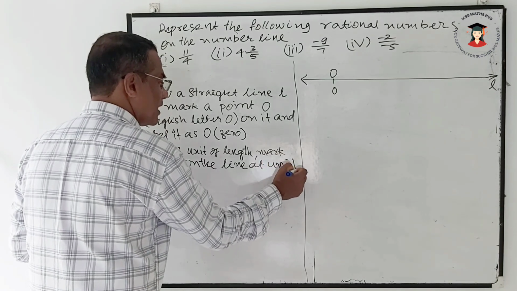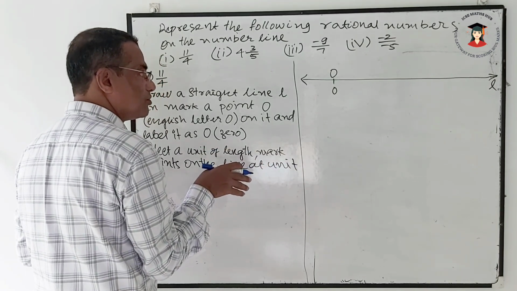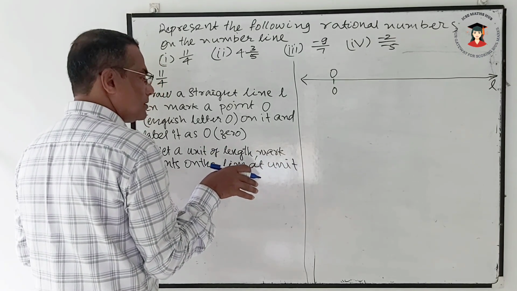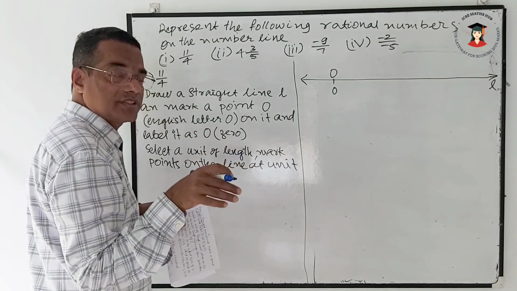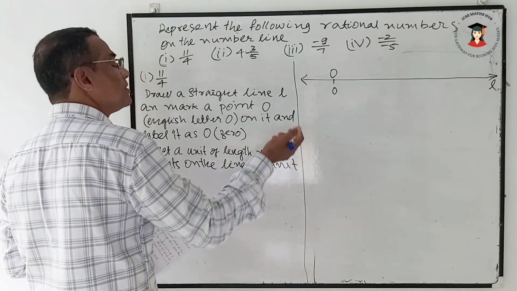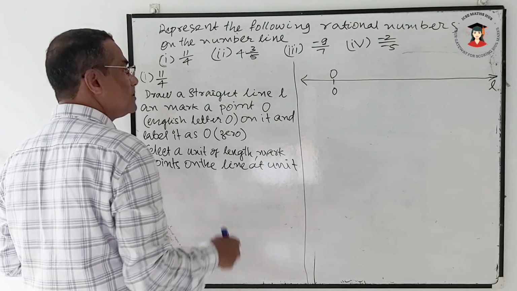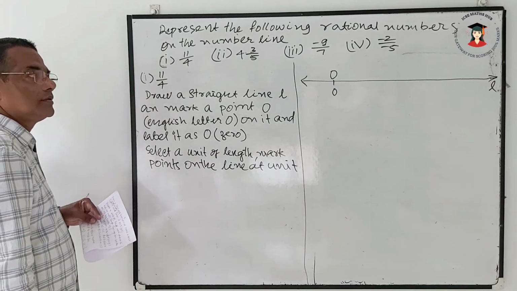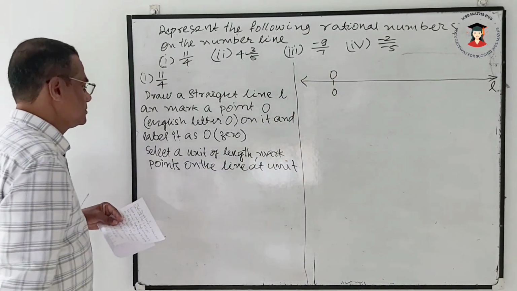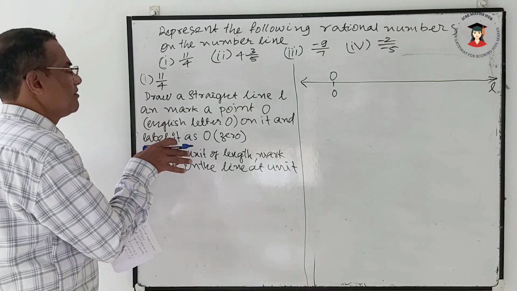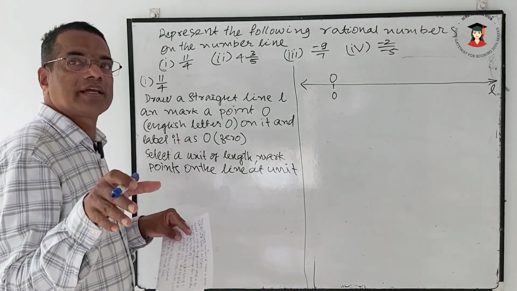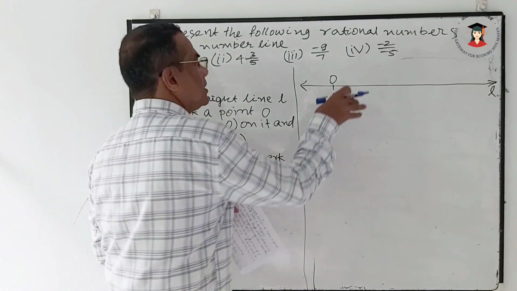Whatever the length you are taking, keep that length fixed and mark points on either side of the point O. We can take the length in a compass also.